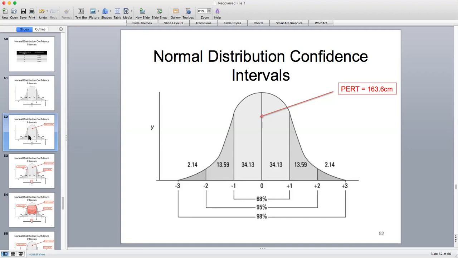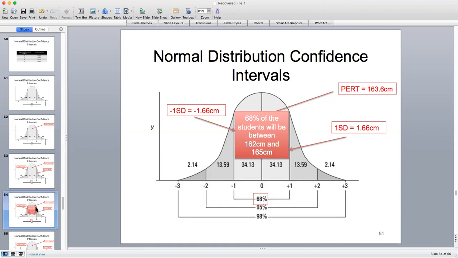Now, if we want to find out the likelihood that students will be 1 standard deviation taller or shorter than the average, we use our calculation of standard deviation, 1.66 centimeters greater and 1.66 centimeters less than, which is 1 standard deviation from our average, 68%. So in other words, 68% of students will be between 162 centimeters and 165 centimeters in height, which is quite a lot of students in the class.